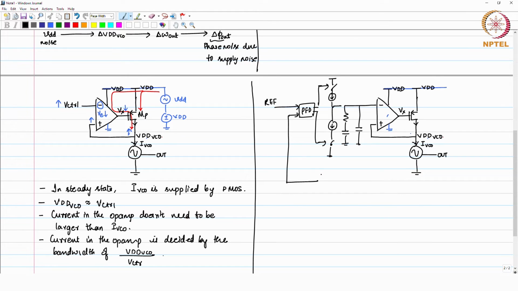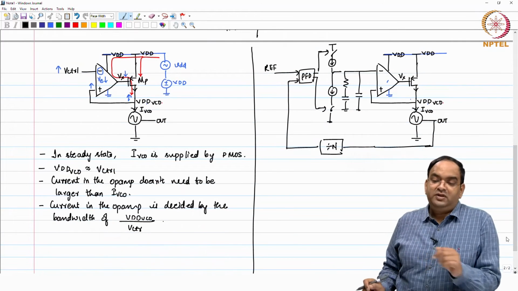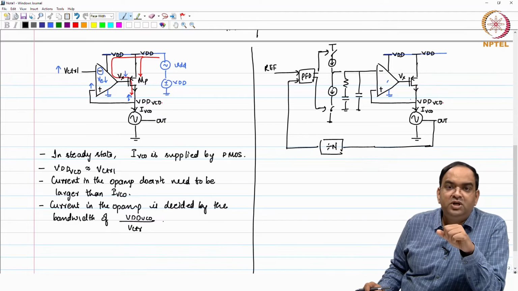The feedback clock is coming from the divider, and the output of the VCO is connected like this. So, a charge pump PLL with supply regulated VCO is shown here.